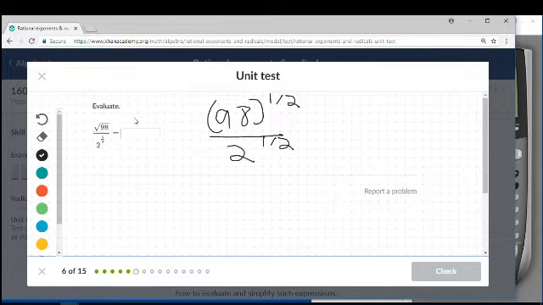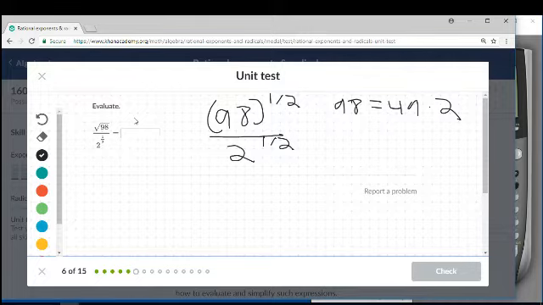Now, first what we'd like to do is break up 98 and see if there are perfect squares in there. So 45 plus 4 is 49. So 98 is equal to 49 times 2.